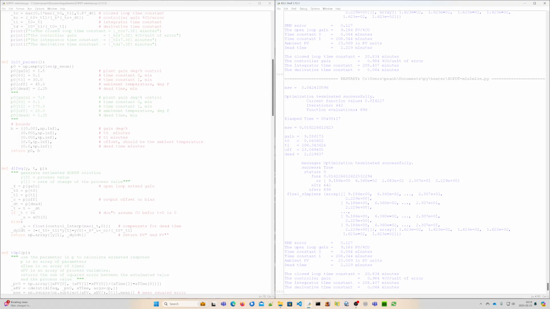So one of the things I started out with, just to find out what works, is gradient descent. I'm not going to bother to show it here, but it would basically take hours. The reason is that the step size is fixed.